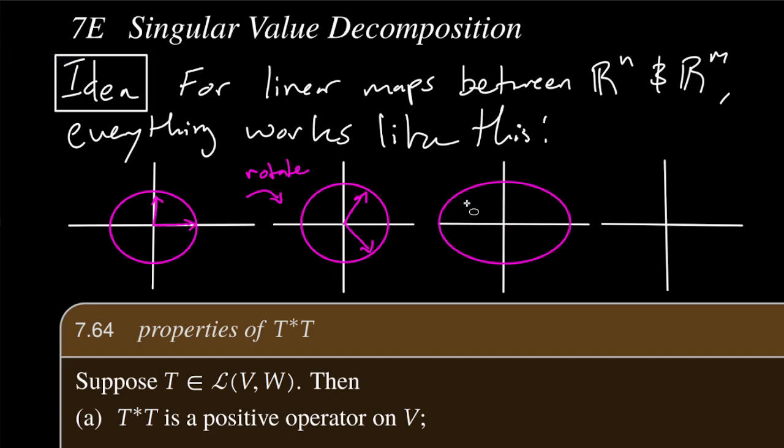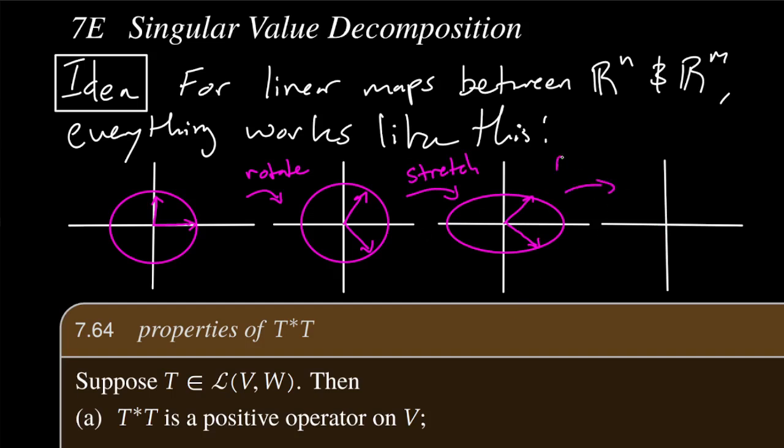I want to make that a little bit more pronounced, that it's stretched out. Okay, here we go. So it gets stretched a little bit. And it doesn't have to be perpendicular to the axes or anything like that. It just gets stretched in some direction. And then it gets rotated again. So we just take what we had right there and we rotate it.